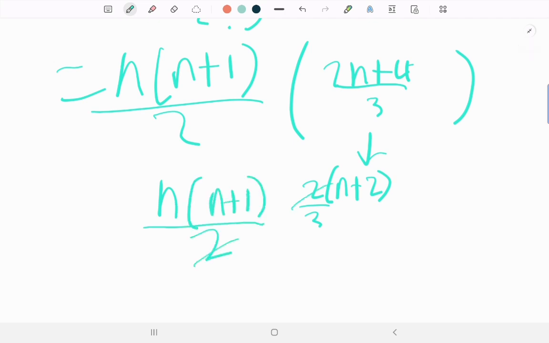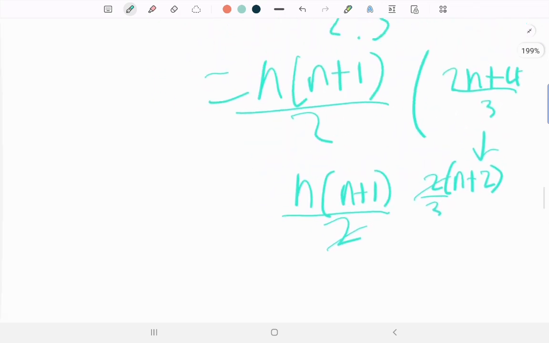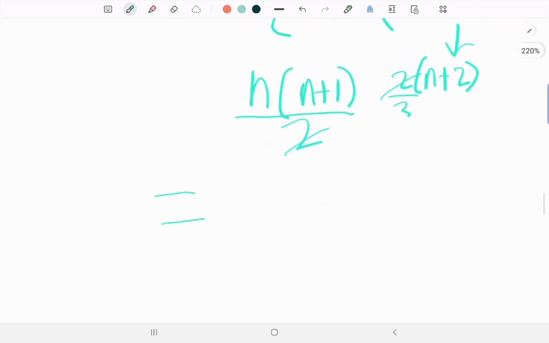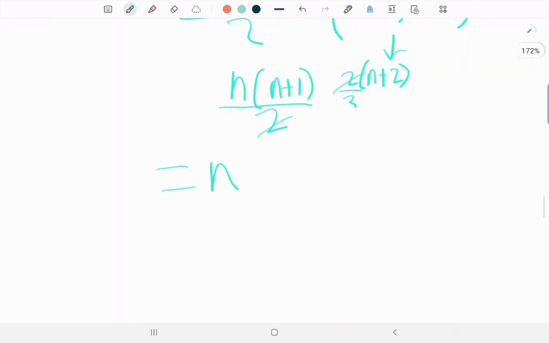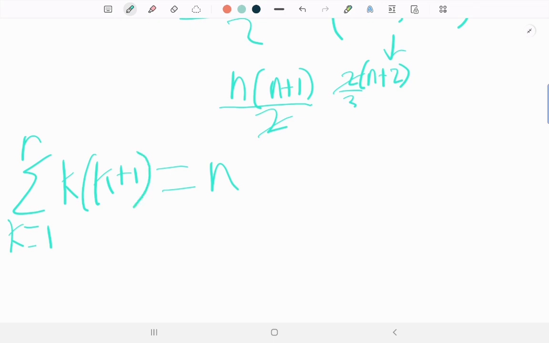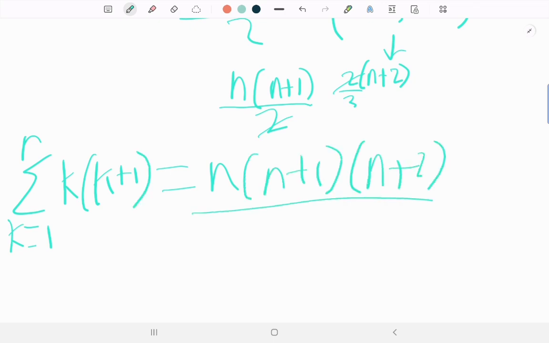And the 2's cancel out. Therefore, we have proven that the sigma summation from k equals 1 to n of k times k plus 1 is equal to n times n plus 1 times n plus 2 divided by 3.